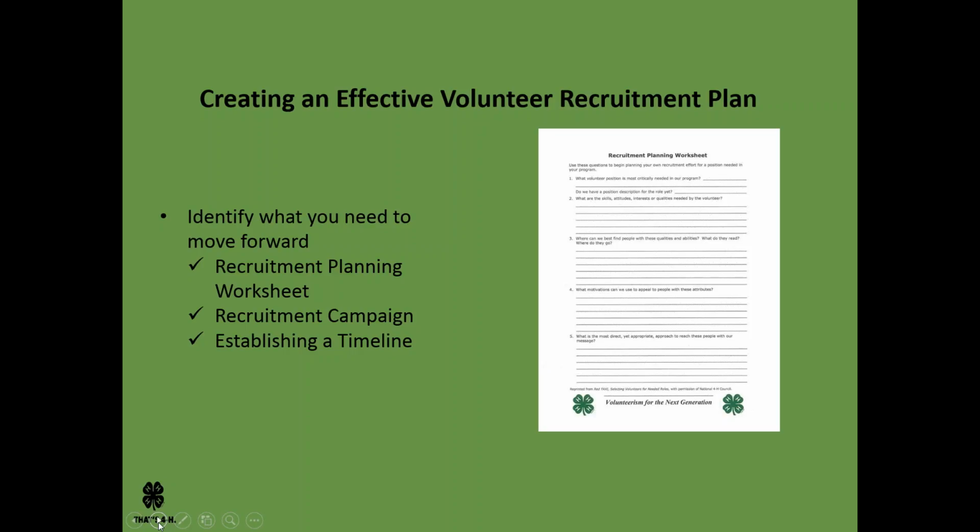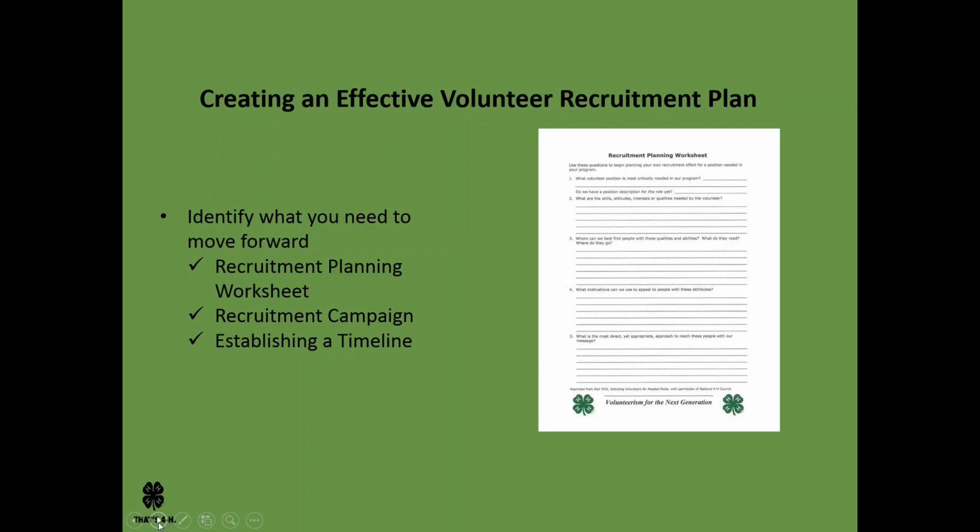And again, this is a resource that comes from Volunteers for the Next Generation. So think about that plan and how you're going to put it in place, and be intentional about it. We recruit year-round, but sometimes it's very effective to have a specific time where we're really focusing on volunteer recruitment.